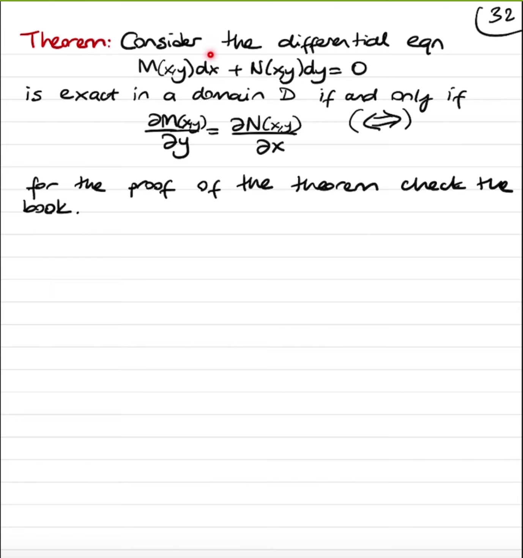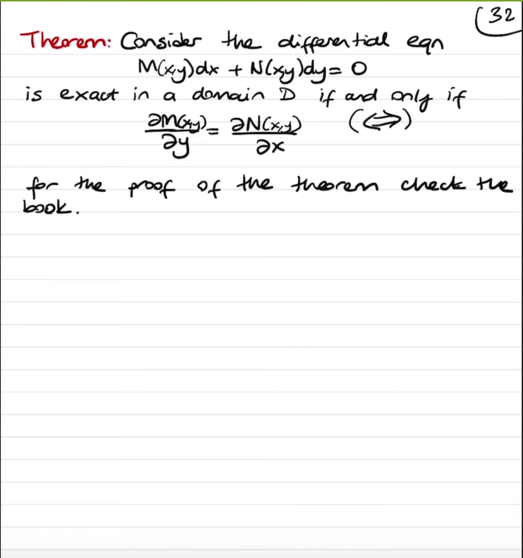So you see that we take the coefficient of dx and take its derivative with respect to y, and we take the coefficient of dy and take its derivative with respect to x. It is just its opposite, right? So you can keep that in your mind. And the proof of this theorem is very straightforward.